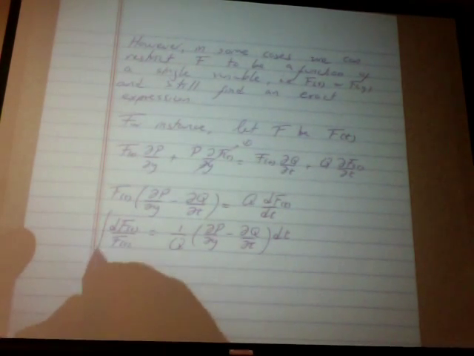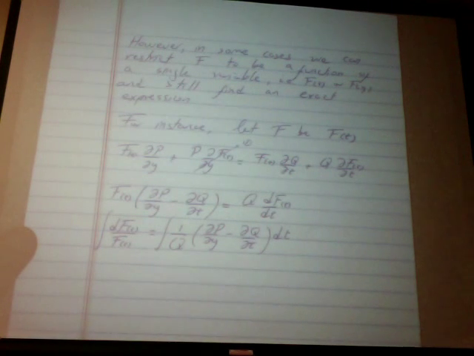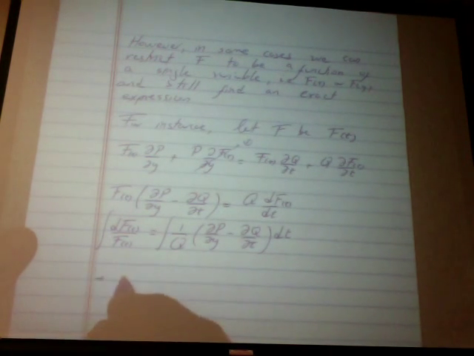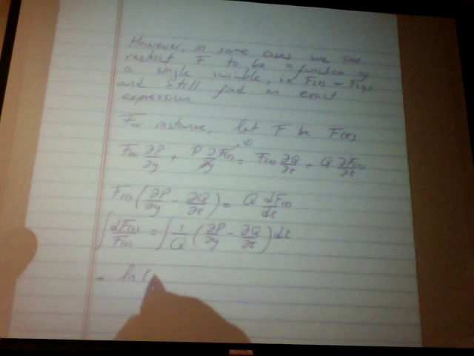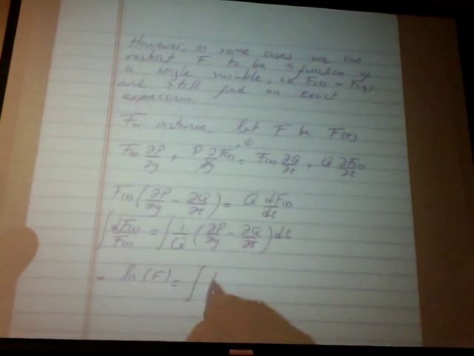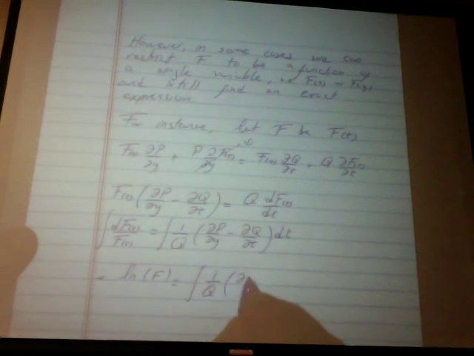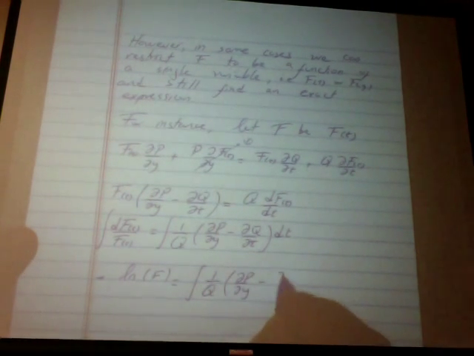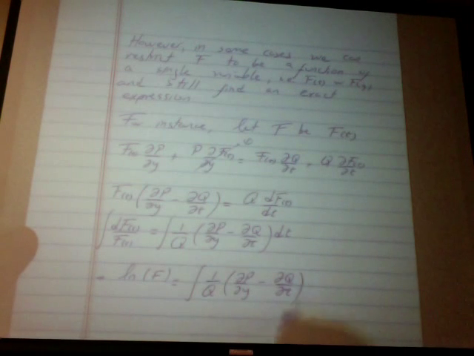And therefore, the log of f is equal to the integral of 1 over Q times dP/dy minus dQ/dt, dt.